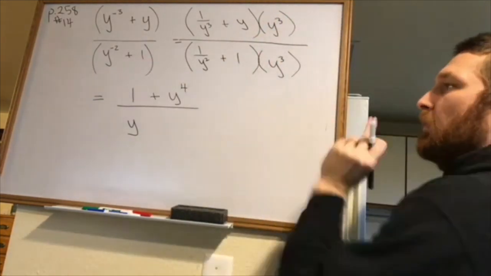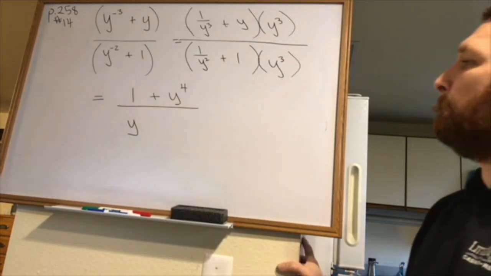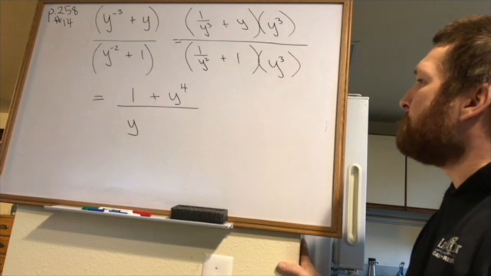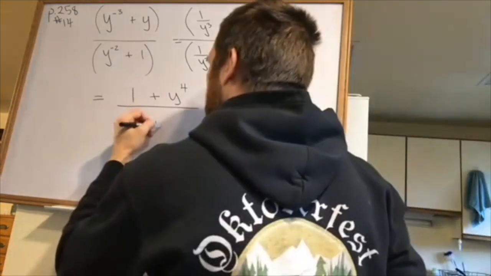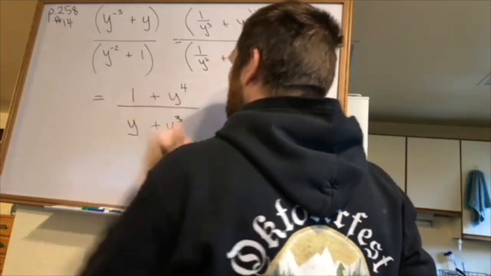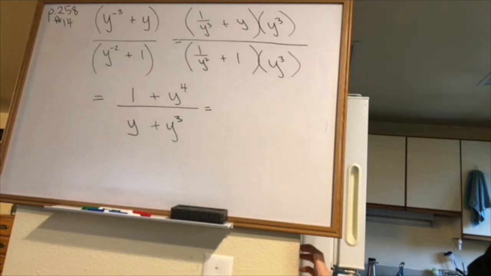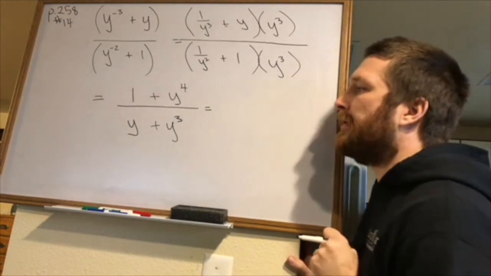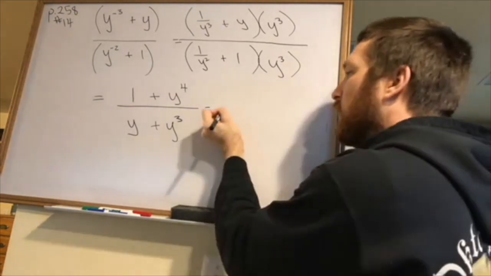So then how do I finish off my denominator? Plus y to the third. There we go. Are we completely factored? No. Okay, what do I need to do? You can take a y out of the bottom.